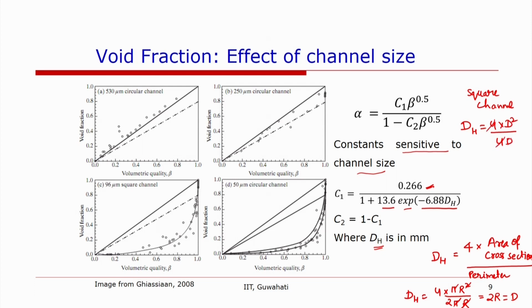So 4 and 4 will cancel out, and one will get dH is equal to d, where d is the size of the channel. For other channels one can similarly find out the hydraulic diameter. So, the same correlation, but now C1 is a function of the hydraulic diameter of the channel, and C2 is 1 minus C1.